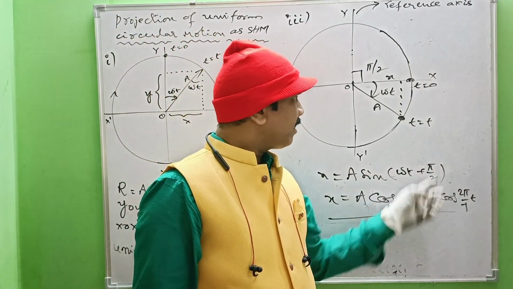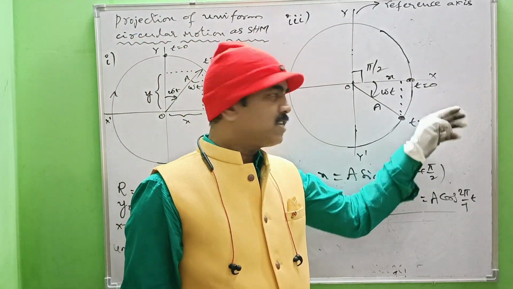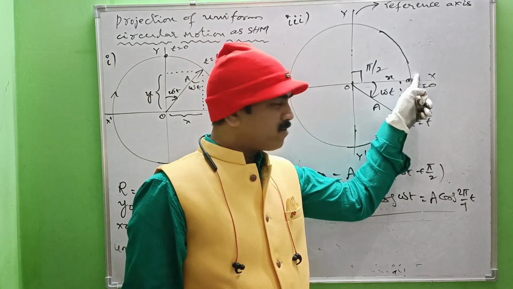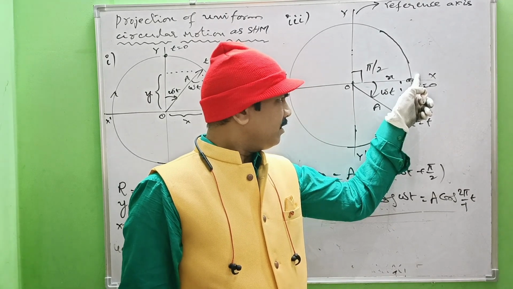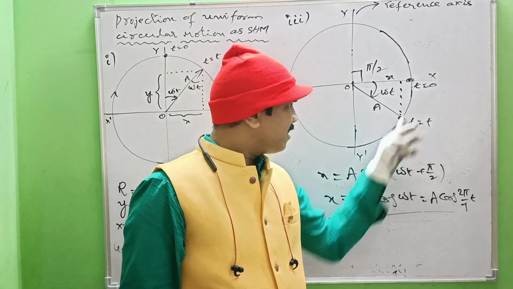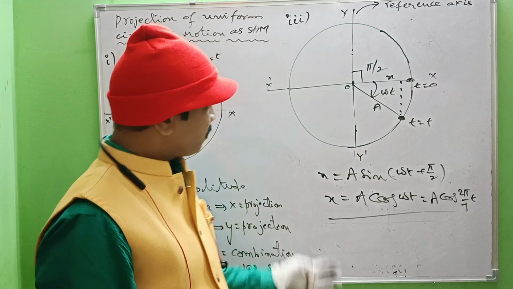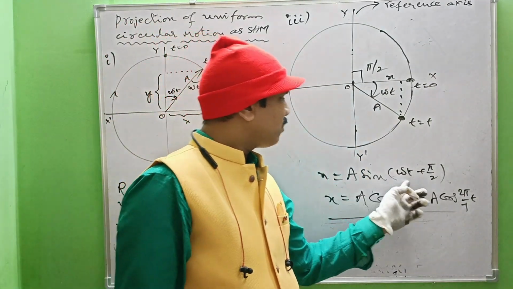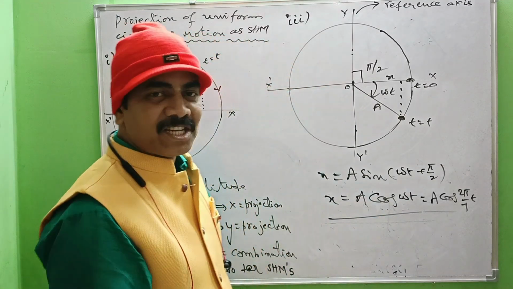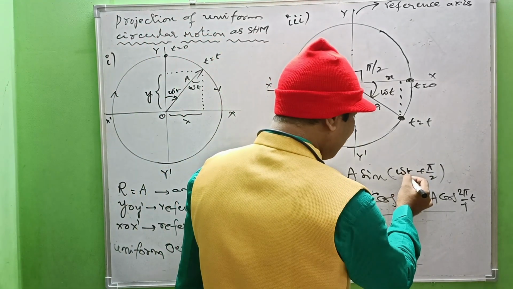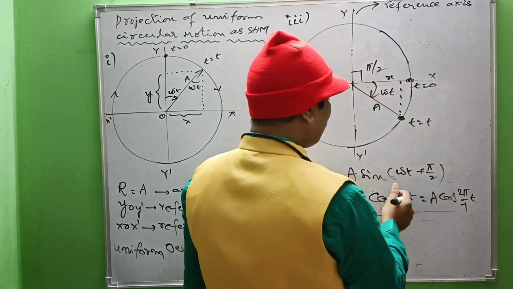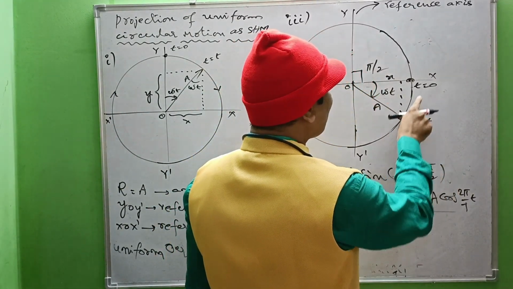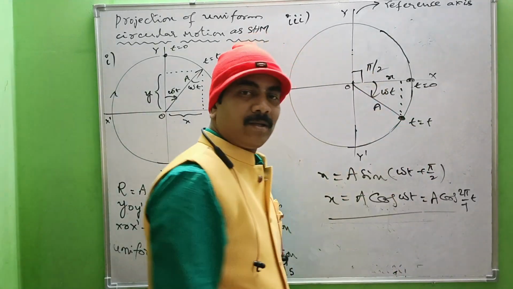It is valid in the situation in which the particle initially lies on the positive x-axis and at some other instant lies in the fourth quadrant, right? So in that situation, x equal to a sine of omega t plus pi by 2 is the total phase. Now what is the initial phase here? Replace t by 0 to get the initial phase. So when t equal to 0, we are left with pi by 2 only. So when t equal to 0, the phase angle is pi by 2, right?